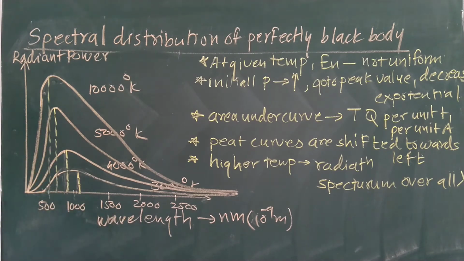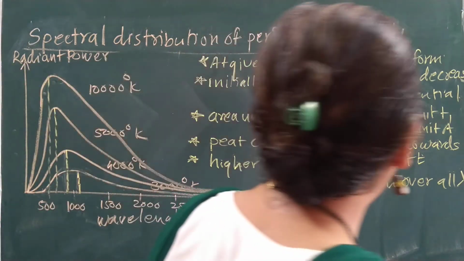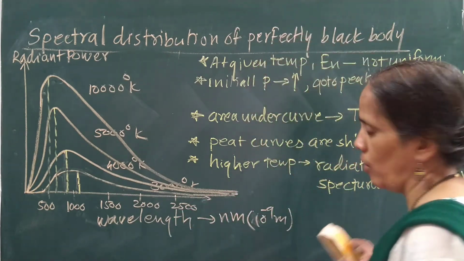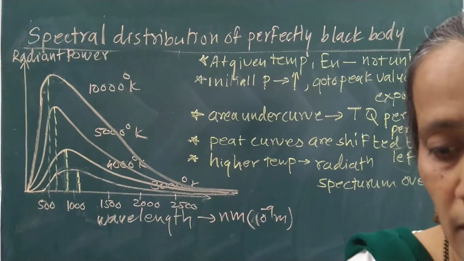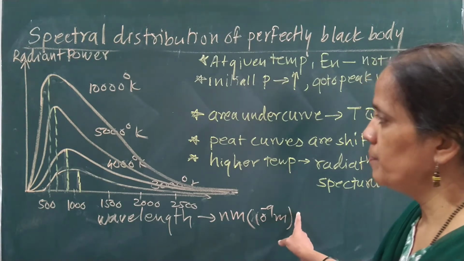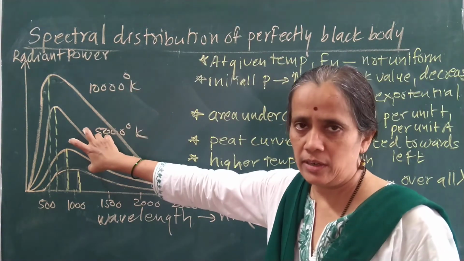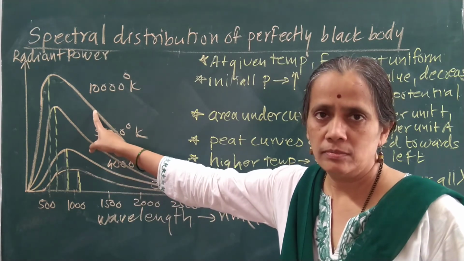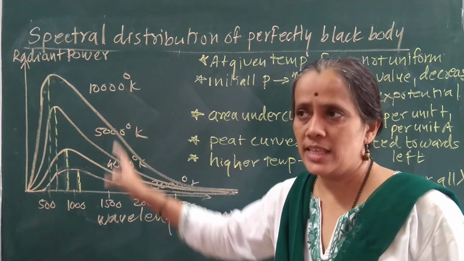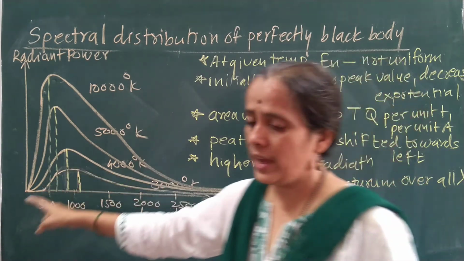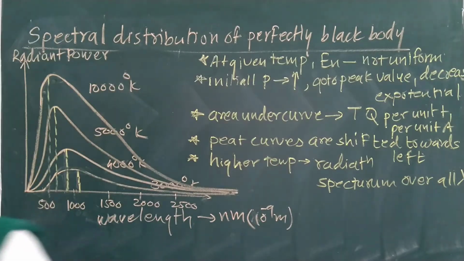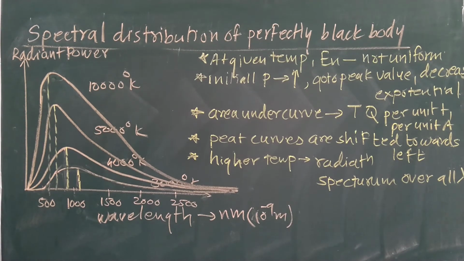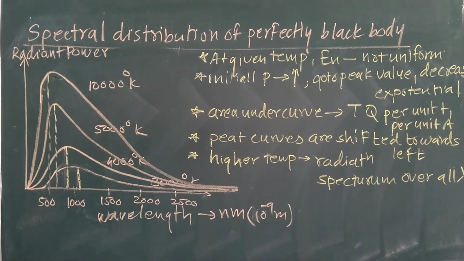And from this graph, the scientist Wien has given his law. What he says is that the scientist Wien has given the relation between wavelength and temperature. So when we are thinking about the radiant energy, at that time I can say that for a perfectly black body, the wavelength is maximum.